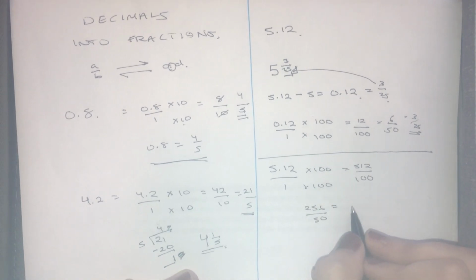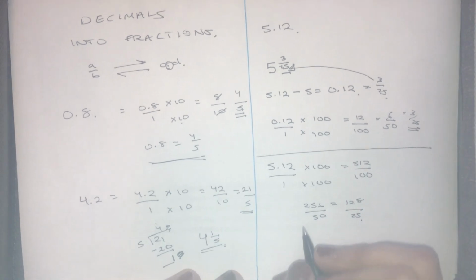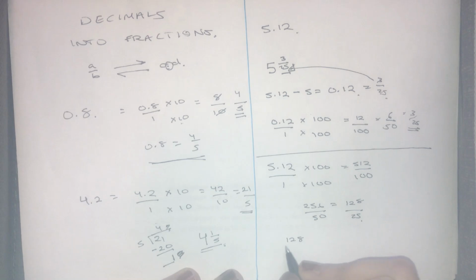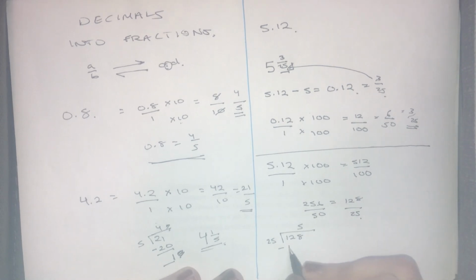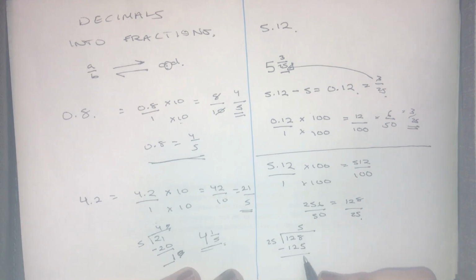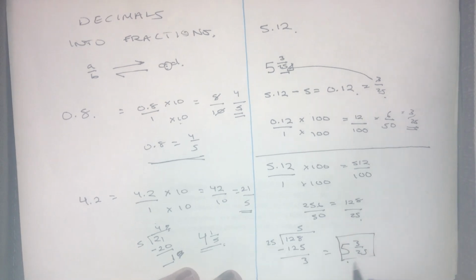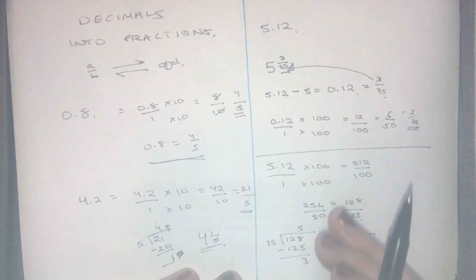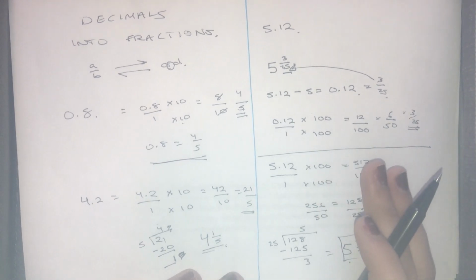You simplify it again, you get 128 over 25, and then you write it as a mixed fraction. Multiplied by 5, you get 125. Your remainder is 3, so you write it as 5 and 3 over 25. If you notice, this answer is the same as this one. It's just a different method of doing it. You can use the one that's more convenient for you.